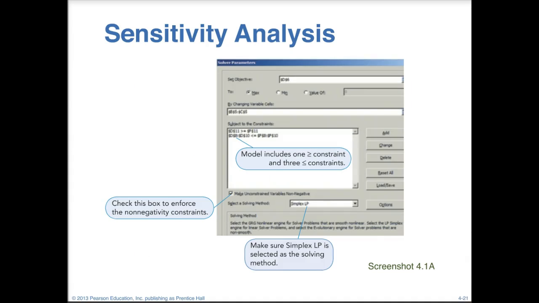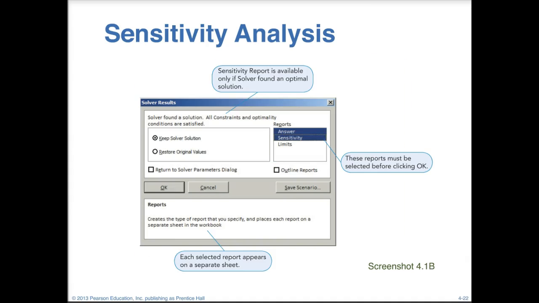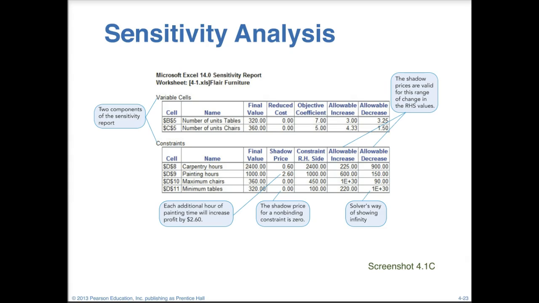And of course, we know how to do all of this now. The one thing that's new for us is here. For answering the sensitivity report, we just click those, and then once we click, we'll get those reports. So this is an example of the sensitivity report.